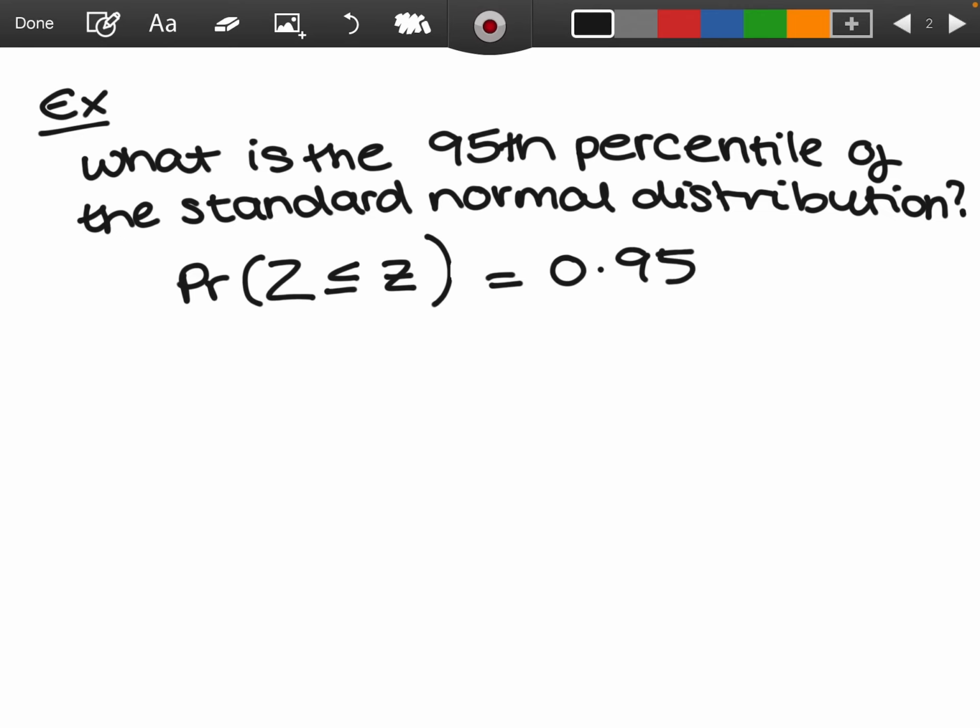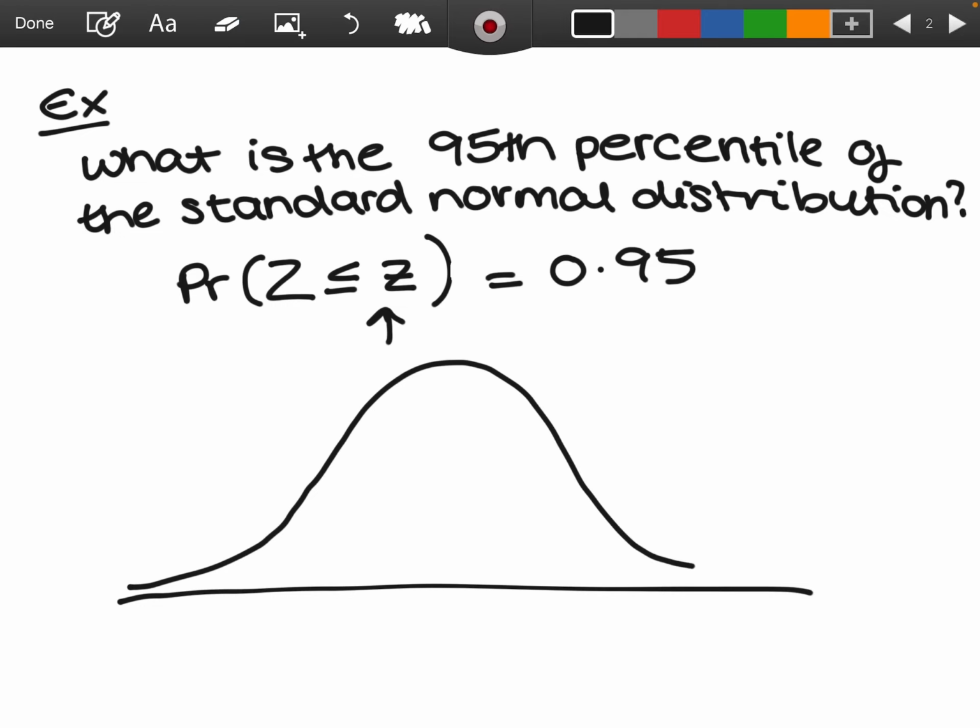So whenever they give you a percentile and they ask what is this particular percentile in the standard normal distribution, we know our mean is 0, standard deviation is 1, and the variable that we always use for notation purposes is Z. So I'm looking at the outcome such that the probability that I am less than or equal to that outcome is 0.95. Again, I need to find this outcome, and I would always draw this.